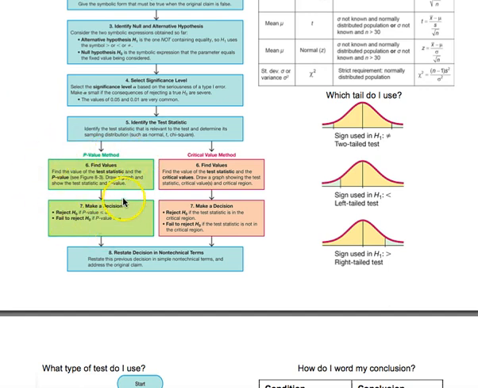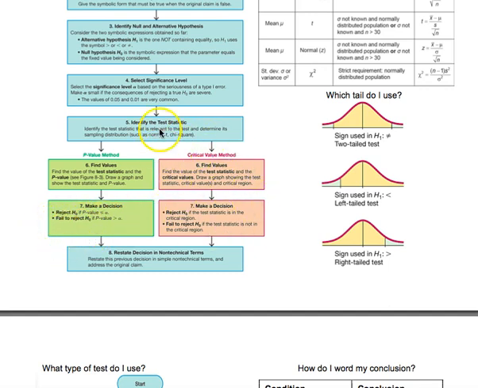The p-value method will find the value of the test statistic and the p-value, and then it's very specific. We just look at what the p-value is. If the p-value is less than or equal to the significance level, we reject the null hypothesis. If the p-value is bigger than the significance level, then we say we fail to reject it.